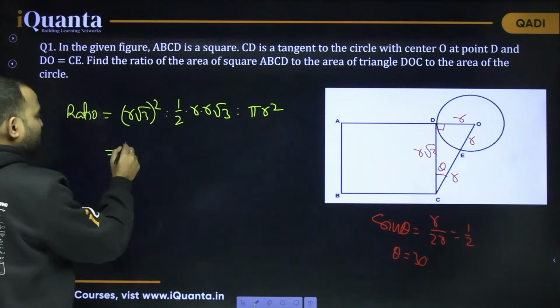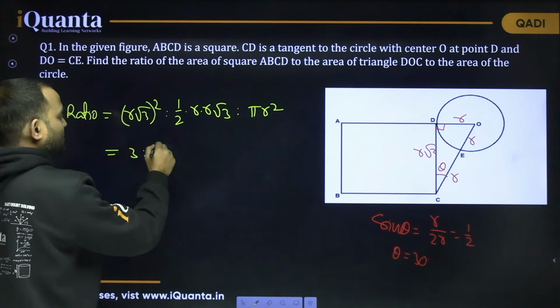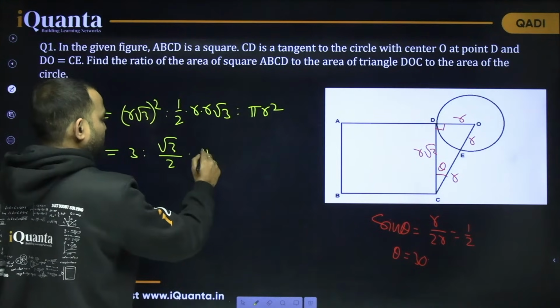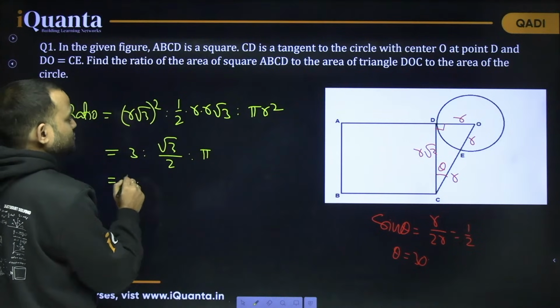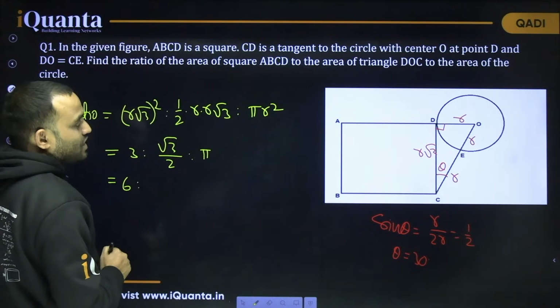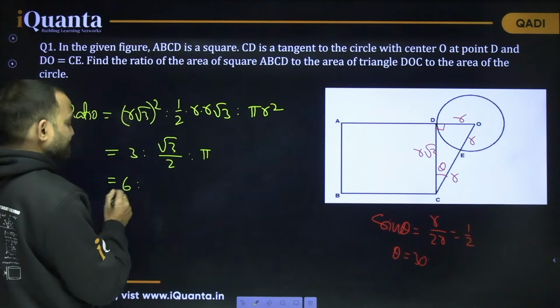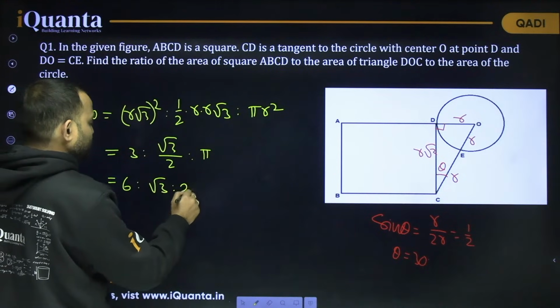So we can remove r square from each side. This will become 3 is to root 3 by 2, and this will be pi. So if you multiply this by 2, you get 6 is to root 3 is to 2 pi.